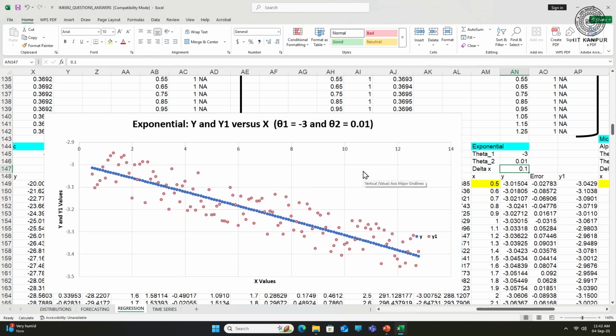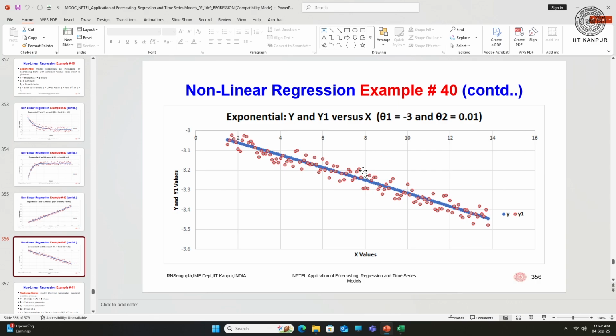So, this is how the graph will look like, downward sloping. Initially, in the last graph, it was upward sloping. Downward sloping for a value of theta 1 as -3, theta 2 as 0.1, starting seed value of x as 0.5 and incremental value delta x as 0.1. So, this is how the graph would look like.